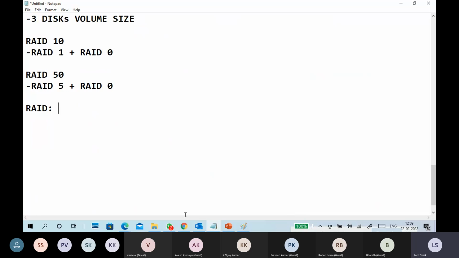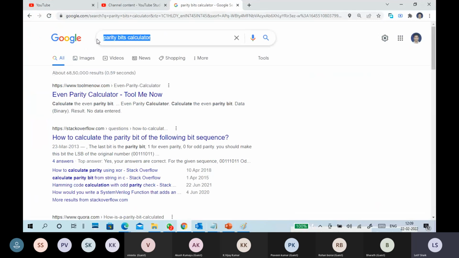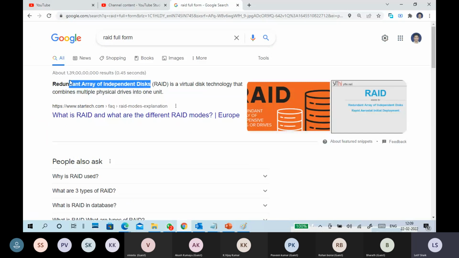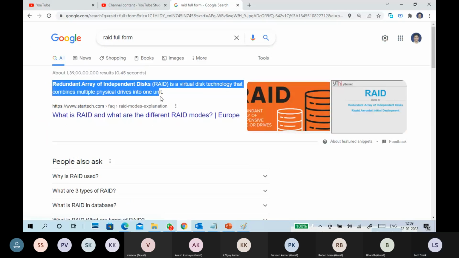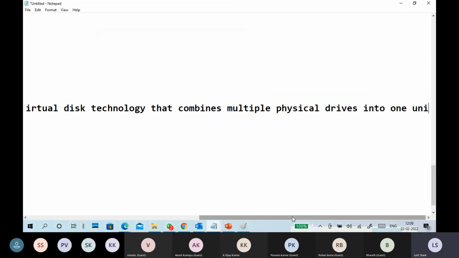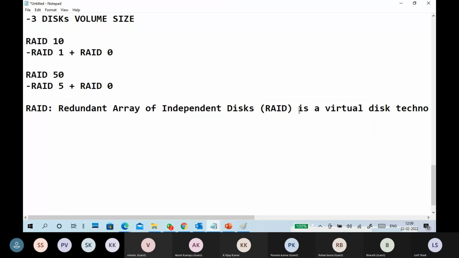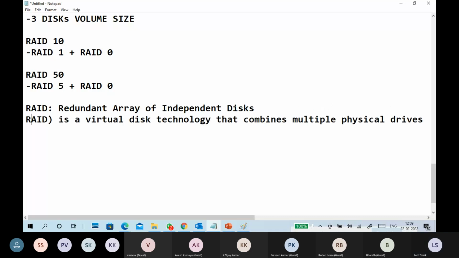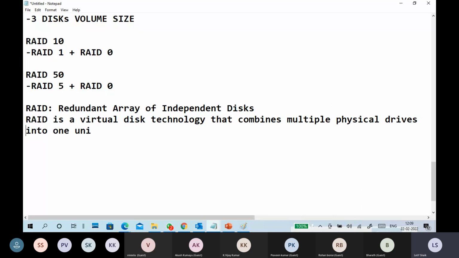RAID means Redundant Array of Independent Disks, or Inexpensive Disks. Multiple physical disks or drives combined into one unit. Okay, that is RAID.